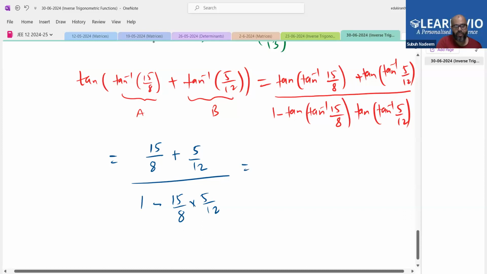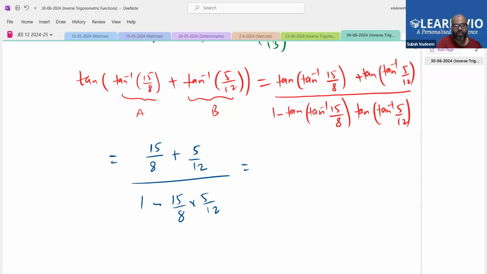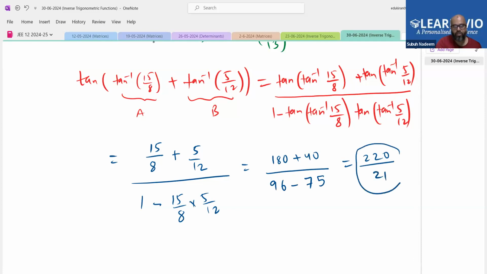So we take 8 into 12 here. It will become 15 into 12, that is 180, plus 8 into 5, 40. Here it will be 12 into 8, 96, minus 15 into 5, 75. So this is 220 by 21. So this is the answer which we are getting.